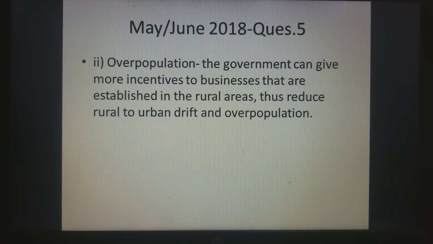So if government puts in some incentives, let us say tax breaks for companies if they will develop factories in the rural areas, that will create employment for people so they don't have to leave their communities to go into the urban centers to find employment. So you reduce the intensity of the overpopulation in one area.